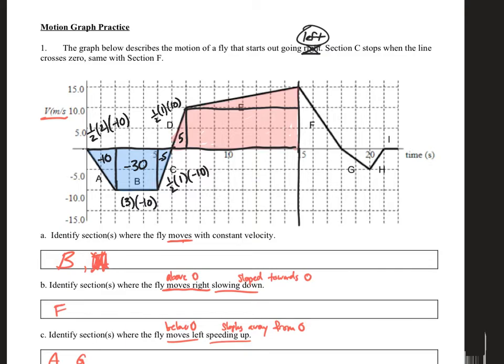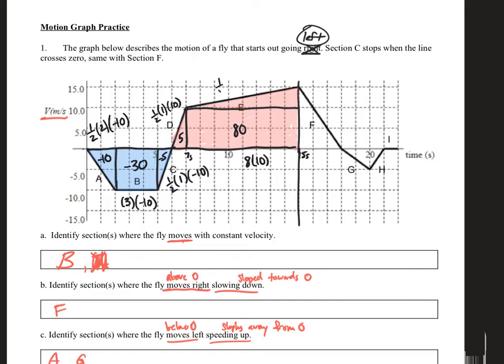This huge rectangle here goes from 7 seconds to 15 seconds. So that has a base of 8, and the height is 10 meters per second. Multiply those together, and I get 80 meters. And then up here, finally, this last triangle.